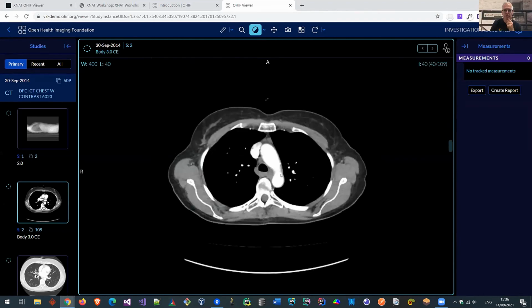So in general, the one last thing to say about the OHIF project is that they have an awful lot of different versions of the viewer on the go at the moment. You look at their repository, it's really difficult to find what is the current viewer, and that's something, Dan, I think we've talked about before, it'd be really good to be able to rationalize development in some way.